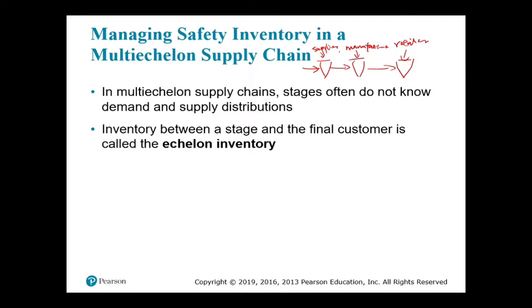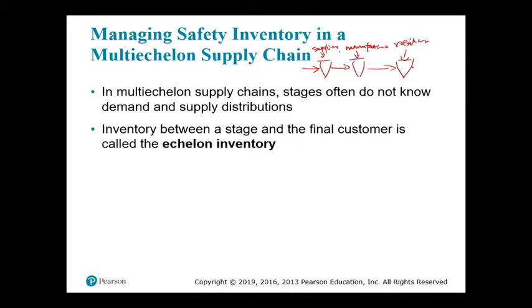And in managing multi-echelon supply chain safety stock, instead of looking at the inventory at a single stage, what is shown to be a better solution is to look at the so-called echelon inventory.